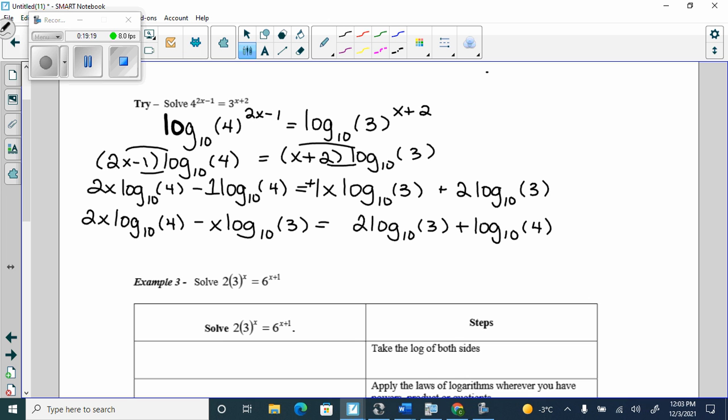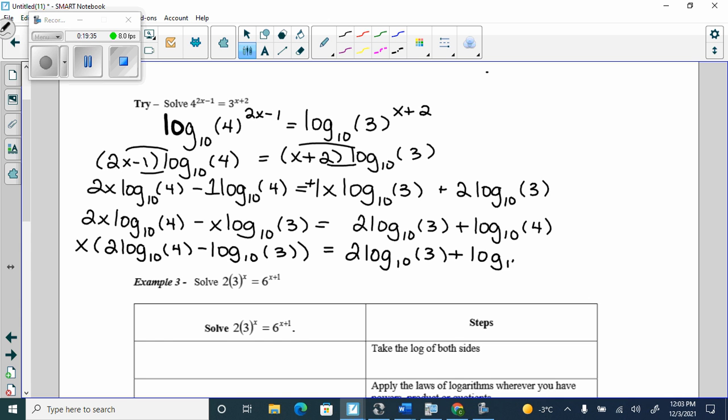Then I take out a GCF of x, so I'm left with 2 log base 10 of 4 minus log base 10 of 3 equals 2 log base 10 of 3 plus log base 10 of 4. And then I'm going to divide by 2 log base 10 of 4 minus log base 10 of 3.